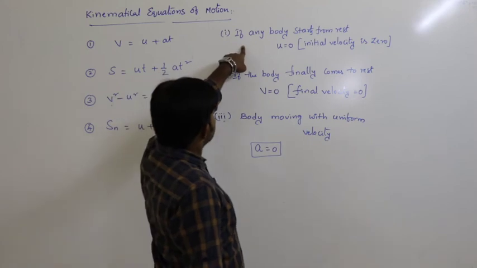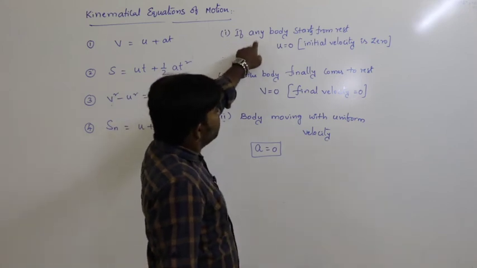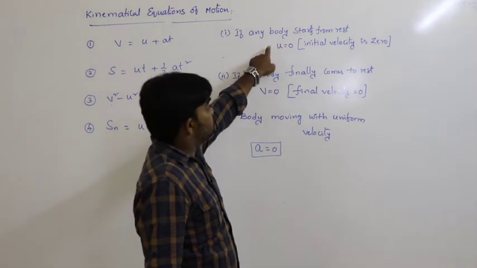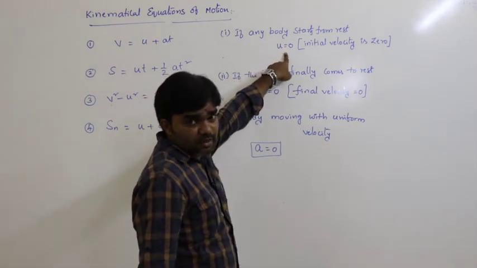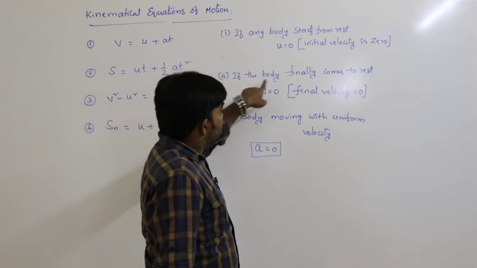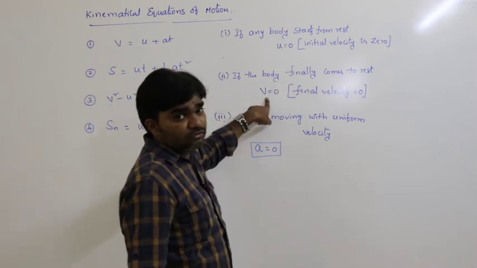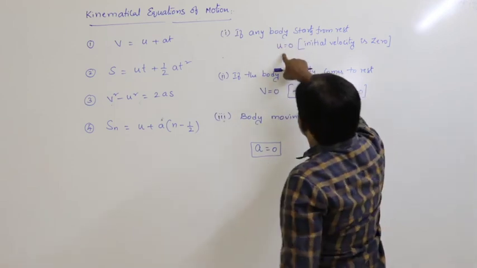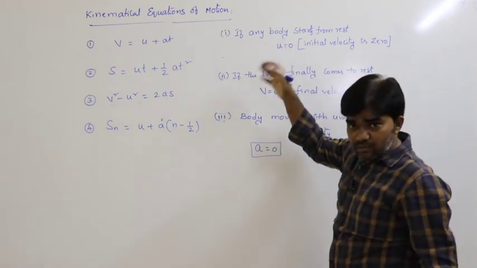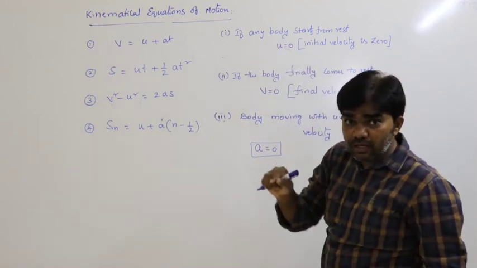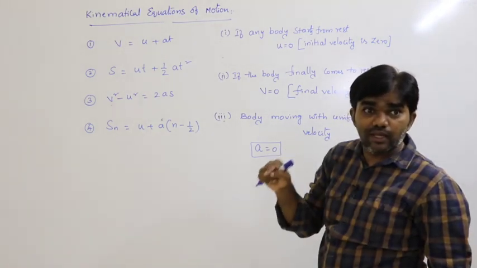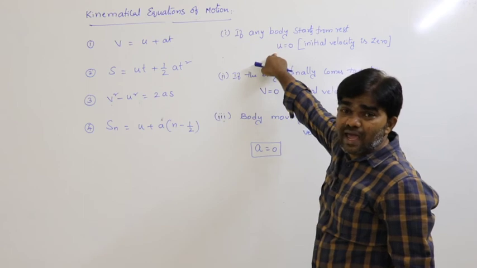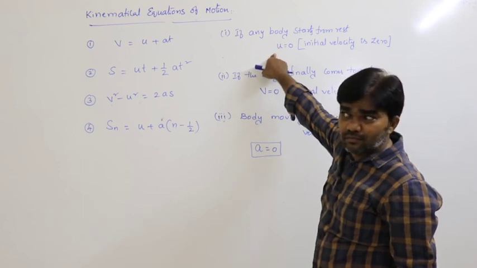So in this situation, the first condition is, if any body starts from rest, the initial velocity must be equal to 0. If the body finally comes to rest, the final velocity must be 0. If any body starts from rest and the body is in motion, this is called accelerated motion.